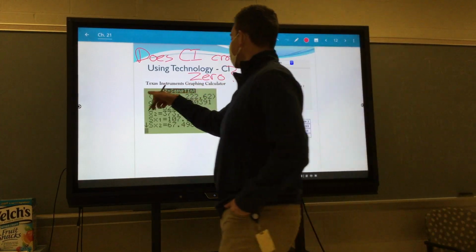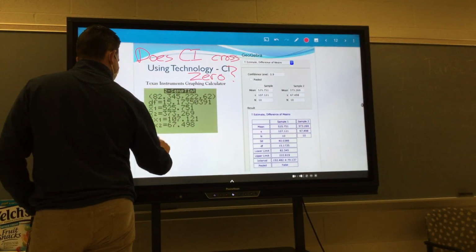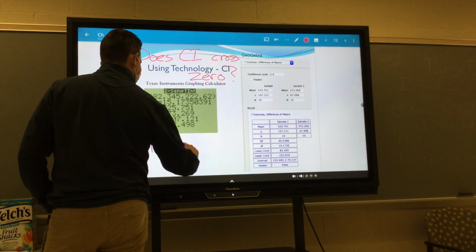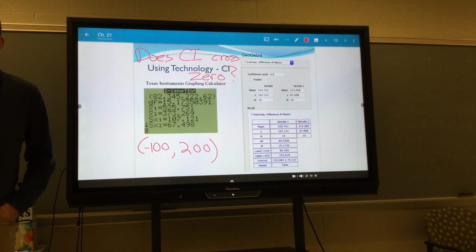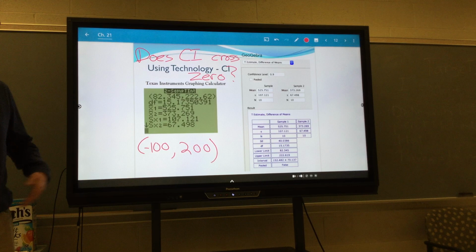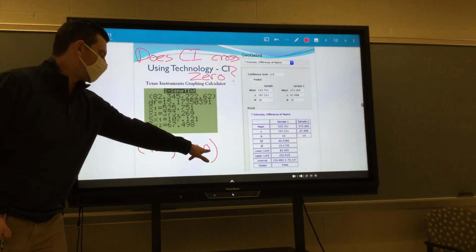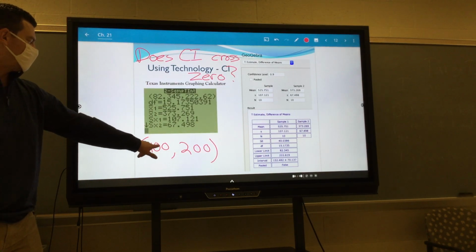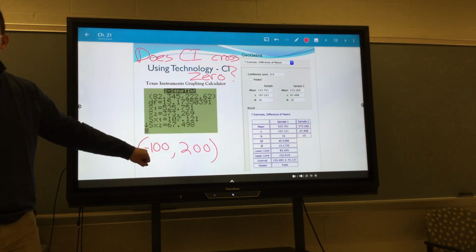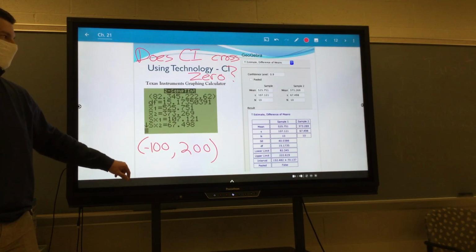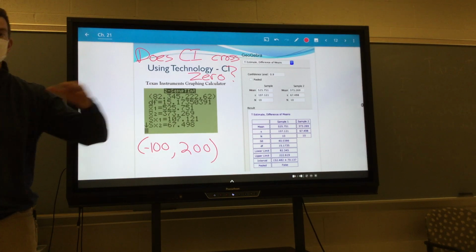So what if this confidence interval was like negative 100 to positive 200? Now you're saying that, well, we're 90% confident that the difference is from negative 100 to positive 200, that the obese group is standing more than the lean group is what a negative score would mean here, because you're doing lean minus obese.